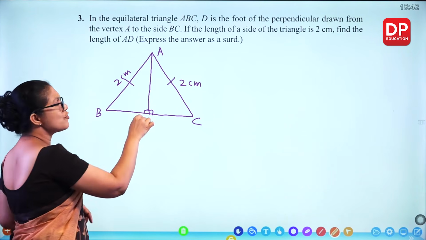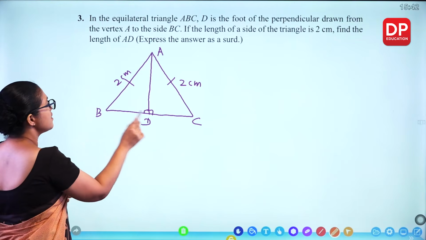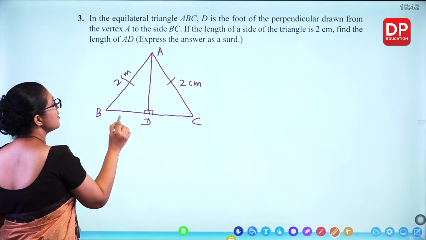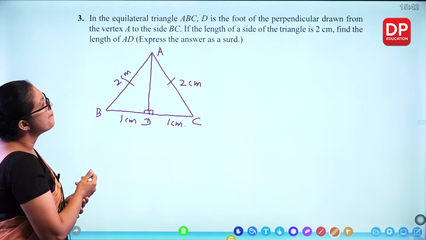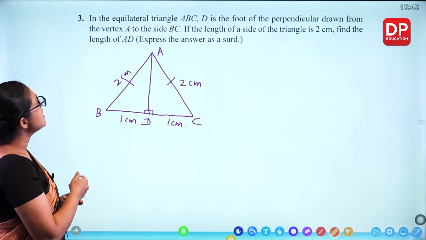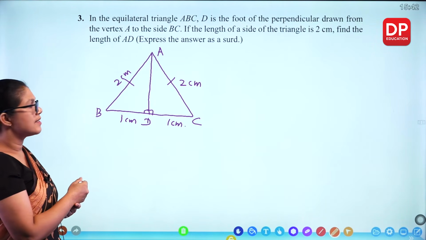So what happens when you draw a perpendicular line? This equally divides. 1 centimeter here and 1 centimeter here. Find the length of AD, express the answer as a surd.